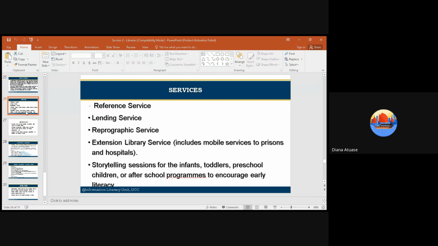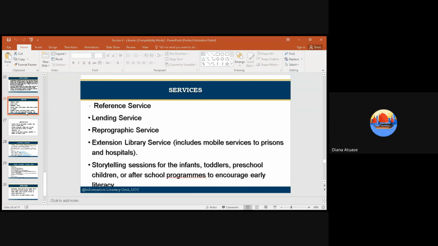When you get there, you have a librarian to assist you to look for information. They also lend out some of their materials. Sometimes you have to register. You go and register, they take your details, then they lend out their materials to you. Sometimes you want to make a photocopy. Some of the libraries have photocopiers or printers.